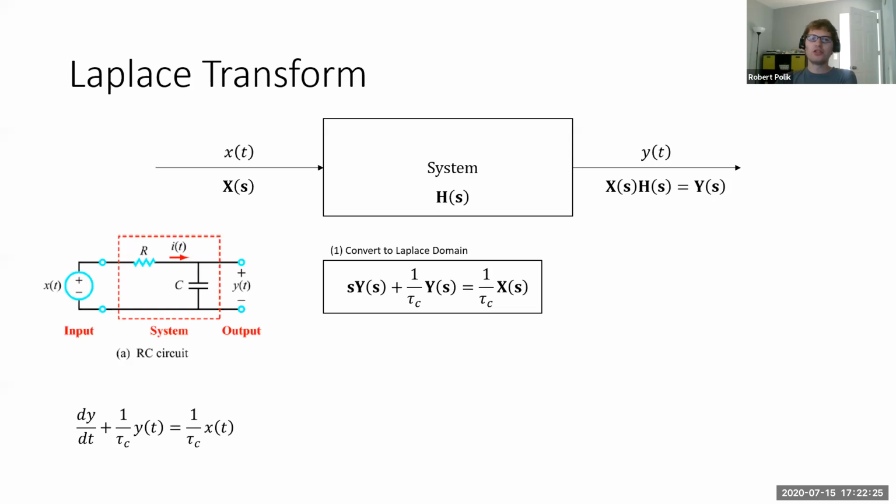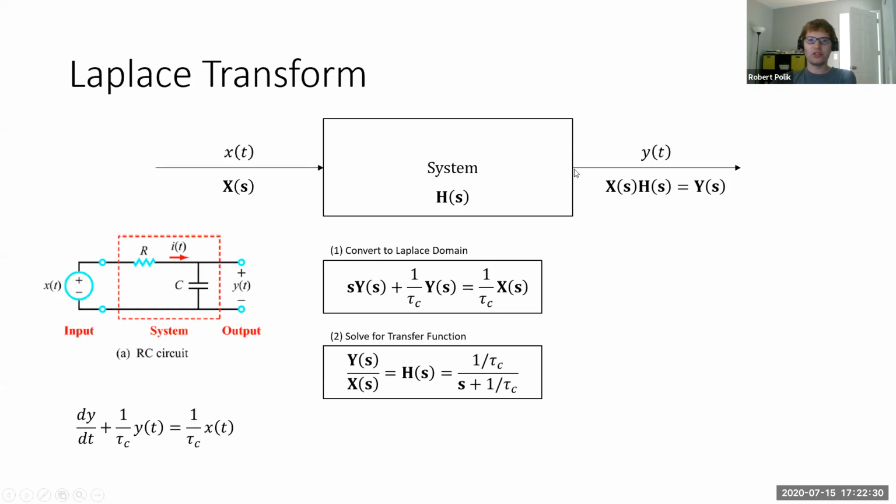That's just fine. So we're going to solve for h of s now. If we look at these equations, h of s is equal to y of s over x of s. And so it's equal to 1 over tau c over s plus 1 over tau c. If you remember your Laplace transforms in your tables, you might remember that some number over s plus some number is a very common Laplace transform to get.